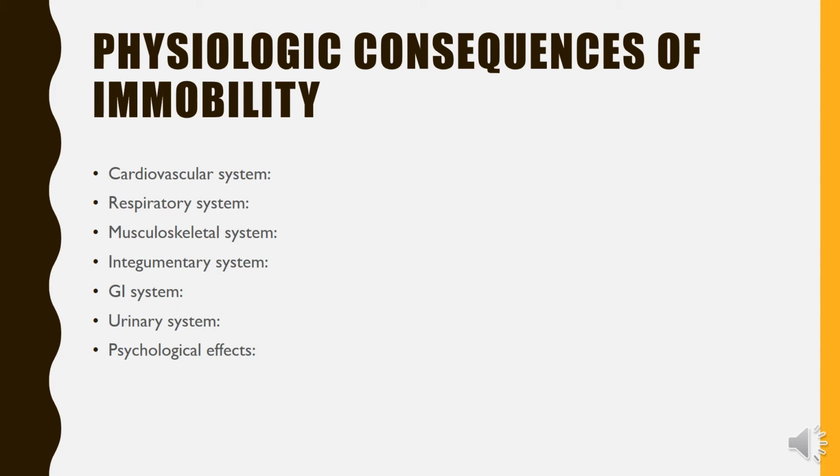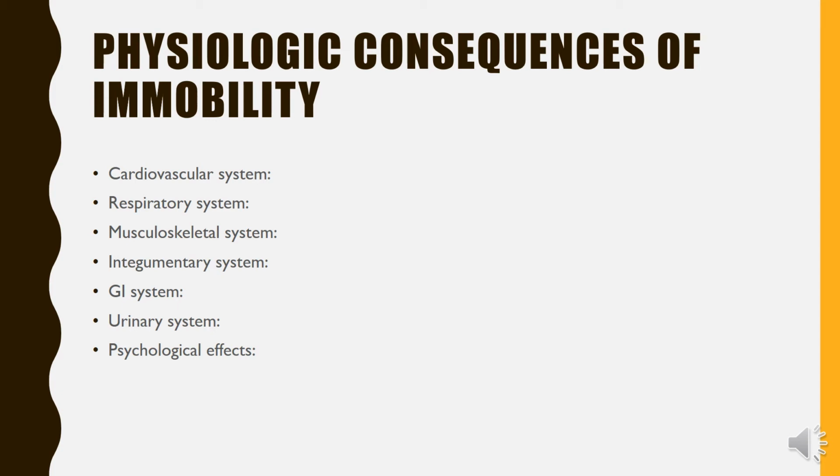The gastrointestinal system is affected because when we are immobile, the slowing of peristalsis occurs. Our appetite may decrease, and the ability to assume an upright position for excretion may also result.